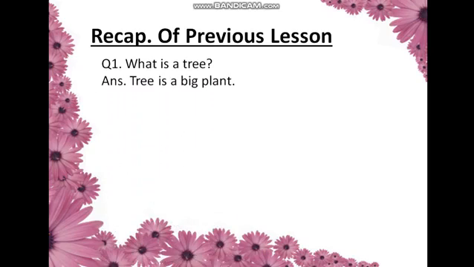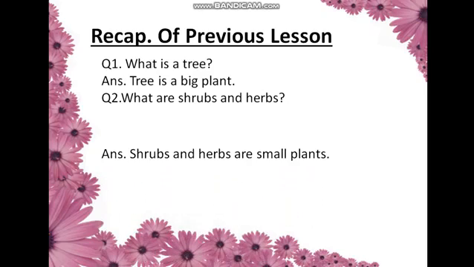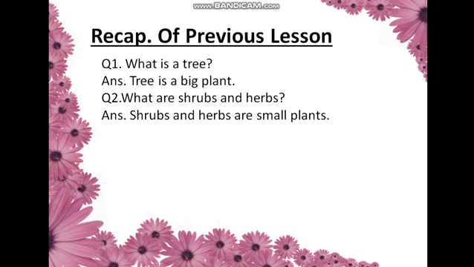A tree is a big plant. Very nice. Now comes your second question. What are shrubs and herbs? Yes, you know about big and small plants. So shrubs and herbs are small plants.